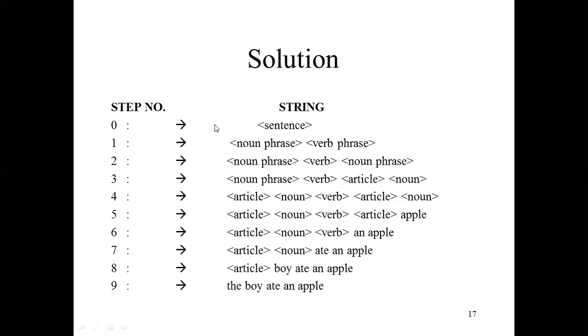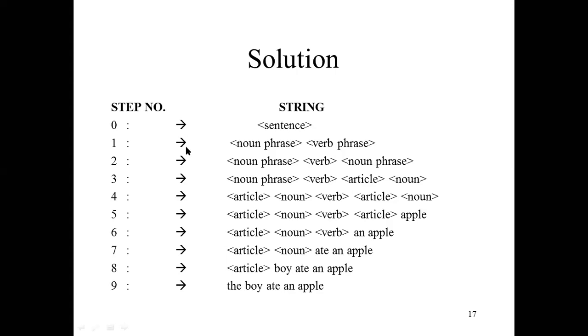Now you are going to break this sentence as per English grammar in step number 1. We can break this sentence as noun phrase, verb phrase. Okay. In one step, we can break as noun phrase and verb phrase, as by the rules of the English grammar also.